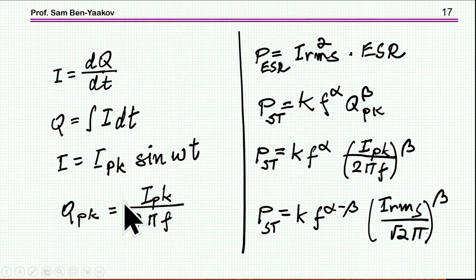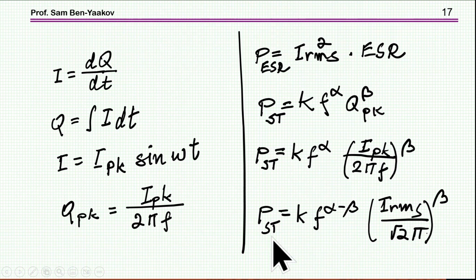So when you take the basic template with the charge and replace it with the current, you get this equation, which again is very similar to the classical Steinmetz template. Alpha and beta will be those of the basic template, of the basic expression here.